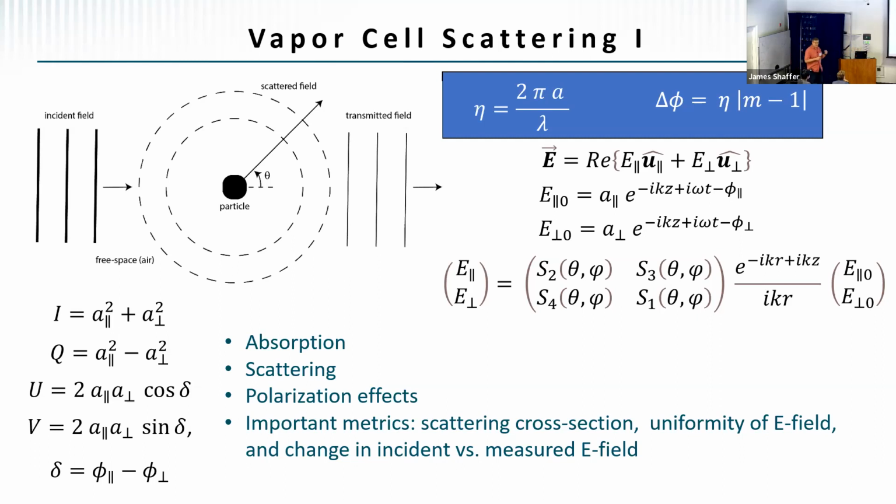It's really not that different than a lot of the scattering that we're discussing in the meeting. So you have an incident plane wave, and when the plane wave passes through the vapor cell, it scatters a wave, which is represented in some spherical wave if this is small, but you can make it so that the shape matters here.